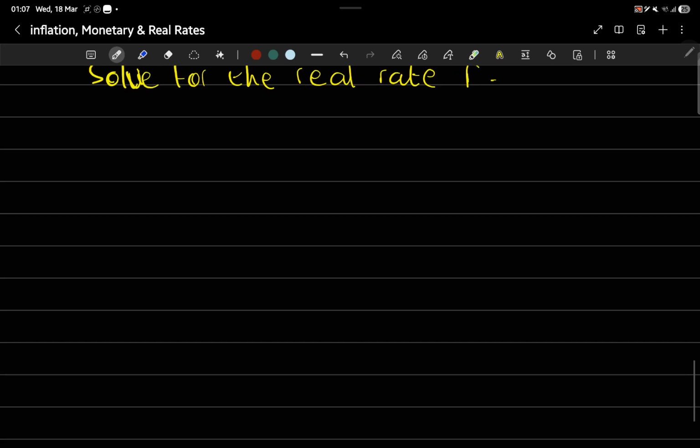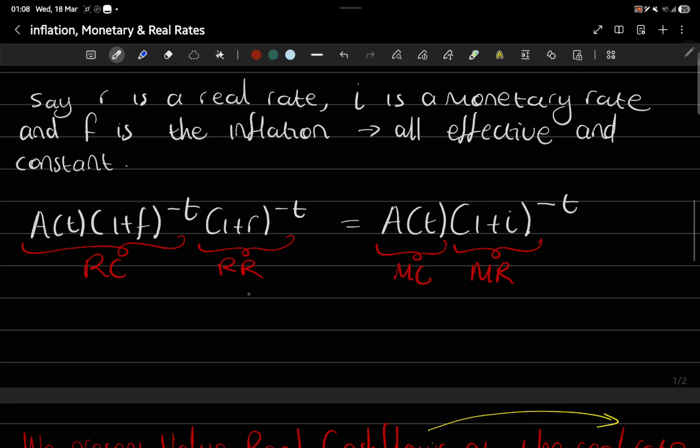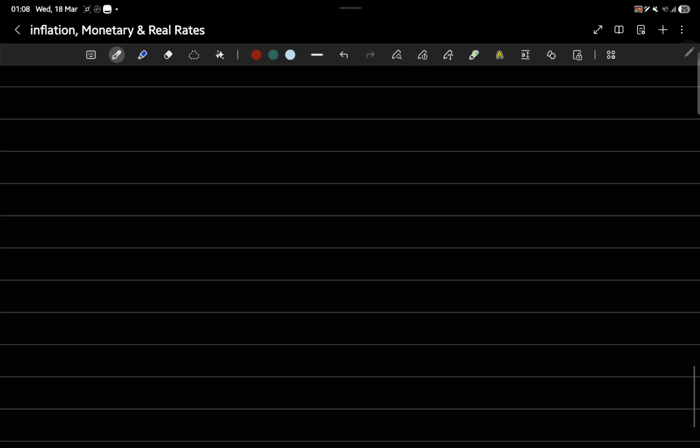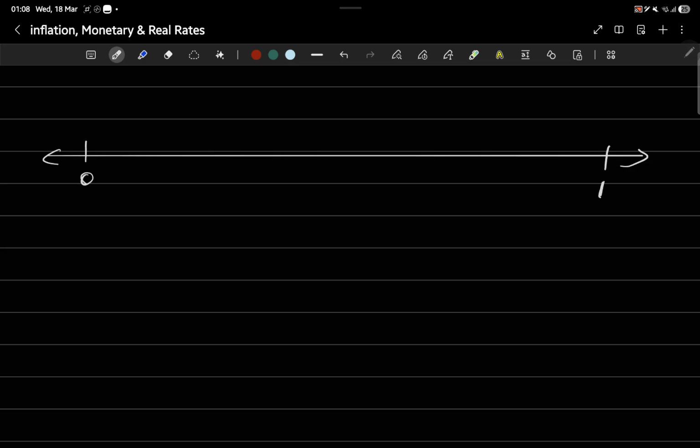Now, the relationship that's very important that we saw not quite clearly using this illustration is that 1 plus, if we accumulate something at the monetary rate. Okay, let me draw a timeline just so everyone understands. We'll go from time 0 to time 1, and we start with some investment 1.